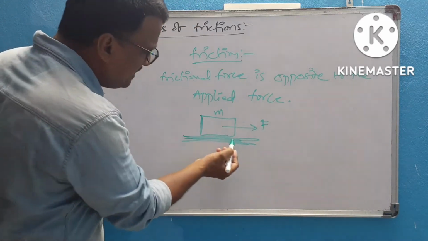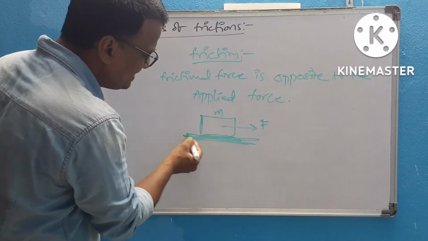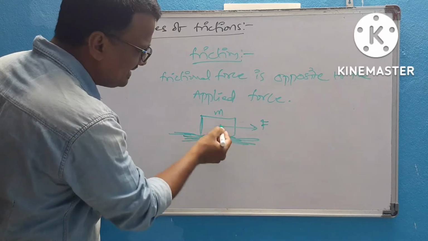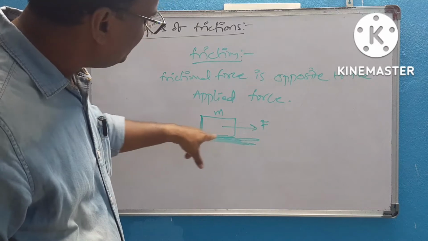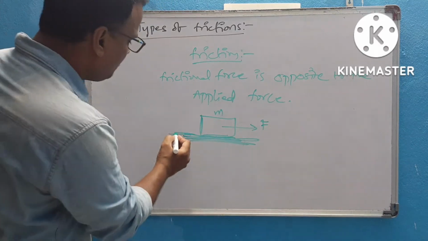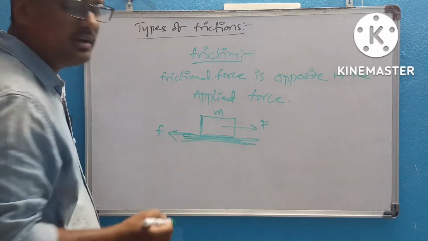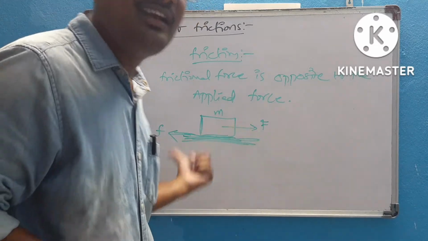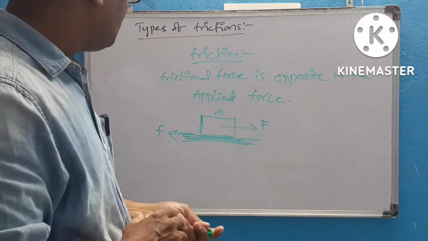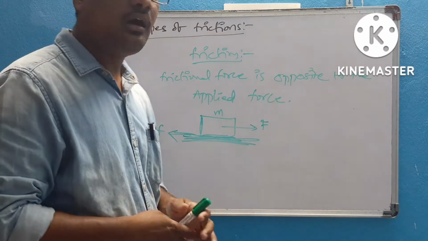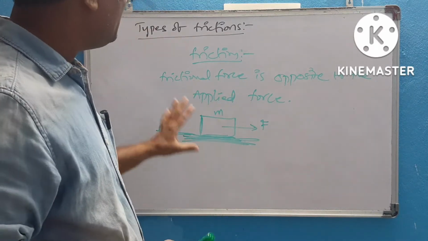But in between the contacting surfaces of this body and this surface, the frictional force is developed in the opposite direction of the applied force. So the frictional force is always opposite to the applied force.